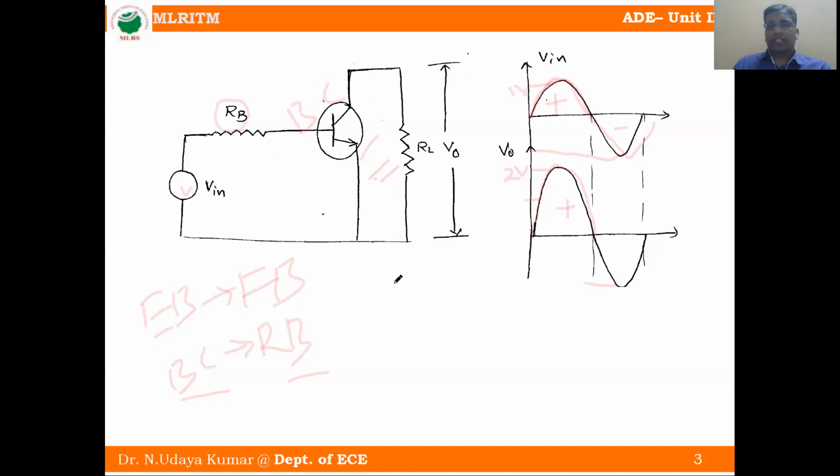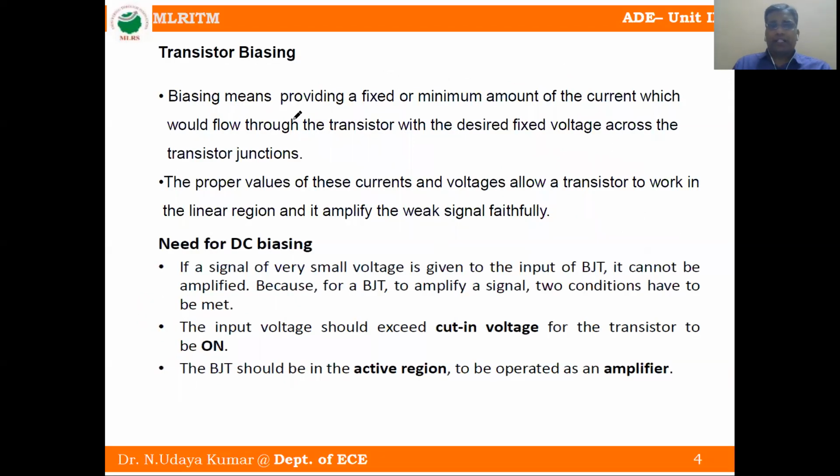Biasing is nothing but adding some voltages or resistance to get the amplified output. This is the meaning of biasing. See, transistor biasing means providing a fixed or minimum amount of current which flows through the transistor, with a desired fixed voltage across the transistor junctions.